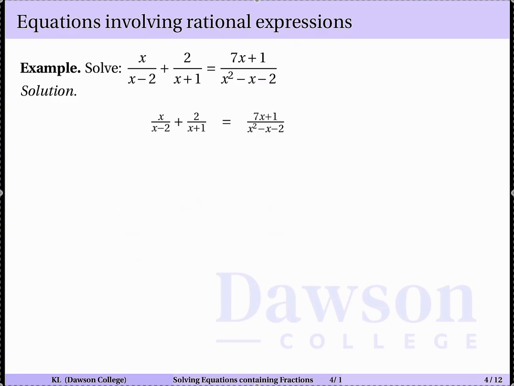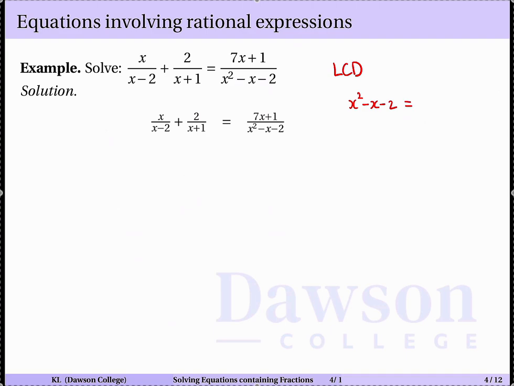Now, for our next problem here, we want to solve x over x minus 2 plus 2 over x plus 1 equals 7x plus 1 over x squared minus x minus 2. Just like in the previous example, we look for the LCD. We got the denominator x squared minus x minus 2.